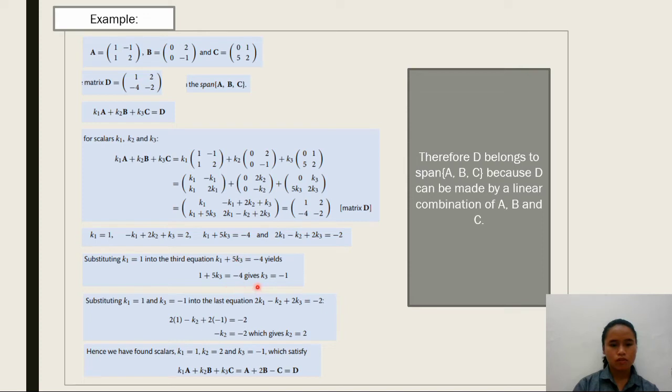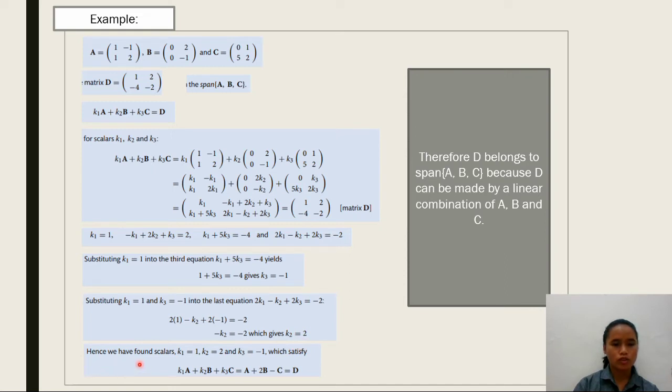So K1 equals 1 and K3 equals -1, and we substitute it into the last equation, which gives K2 equal to 2.